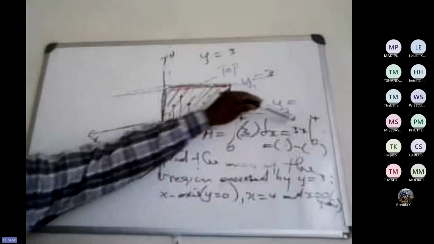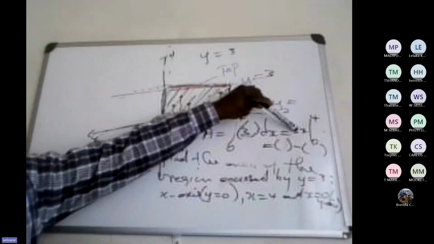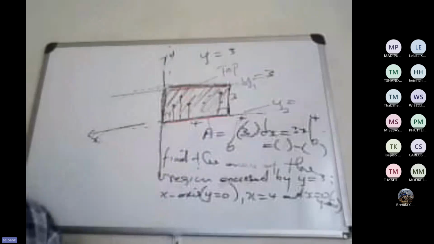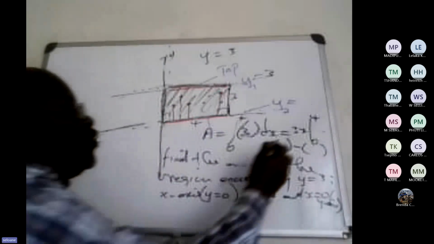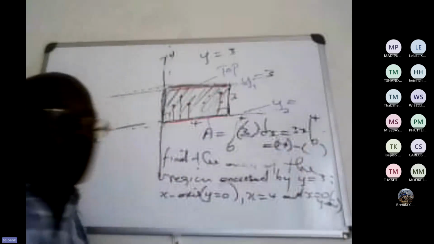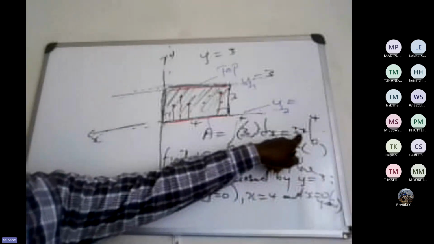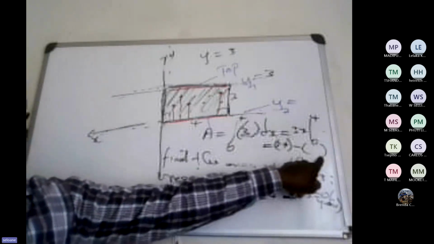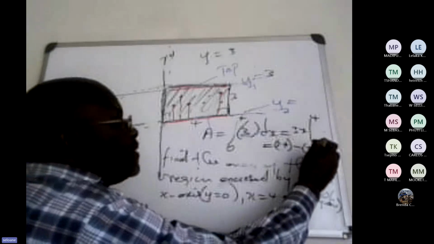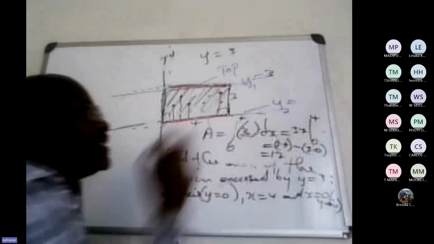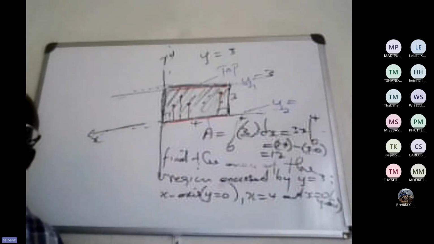In the first bracket, you write 3x with x replaced by 4, so it will be 3 multiplied by 4. In the second bracket, you write the same thing with x replaced by 0. So what is the answer? The answer is 12 square units.